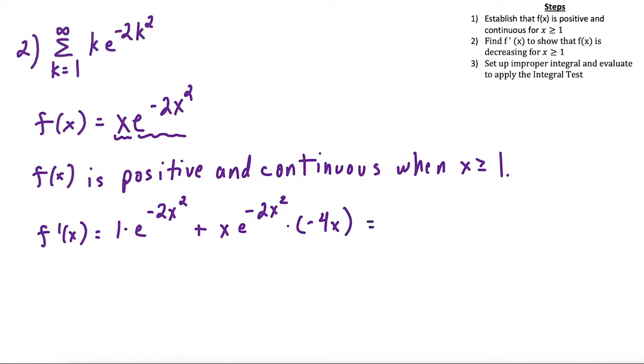If we clean this expression up a little bit, the derivative is e to the negative 2x squared, and we would have minus 4x squared when we multiply negative 4x times this coefficient x. We'd have minus 4x squared e to the negative 2x squared. But in order to determine if this function is decreasing, we should factor the derivative.